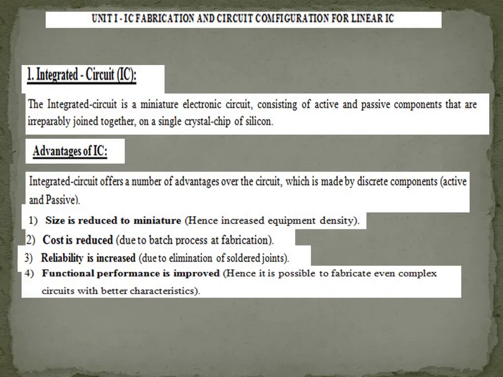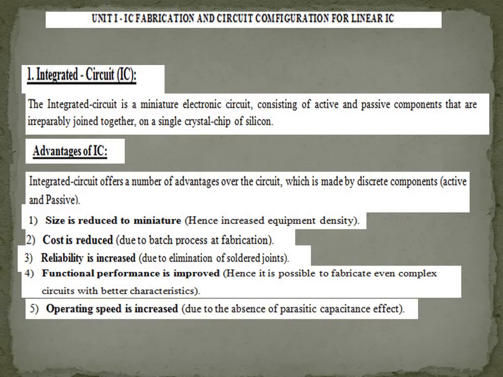Hence it is possible to fabricate even complex circuits with better characteristics. High operating speed: in integrated circuits, the parasitic capacitance is absent, so the operating speed of the circuit is increased. And it takes very little power for its operations, so the power consumption is reduced.